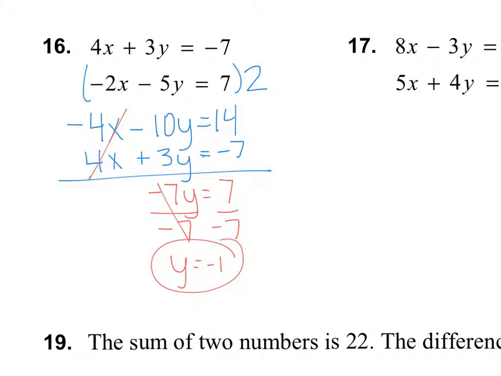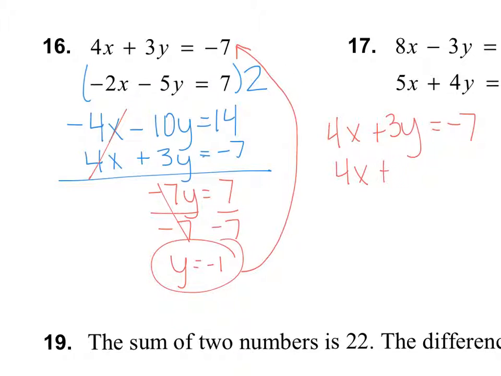Either one could be plugged back into. I'm going to go ahead and plug it into the first one. So I have 4x plus 3y equals negative 7. And we're plugging negative 1 in for y. So 4x plus 3 times negative 1 equals negative 7.